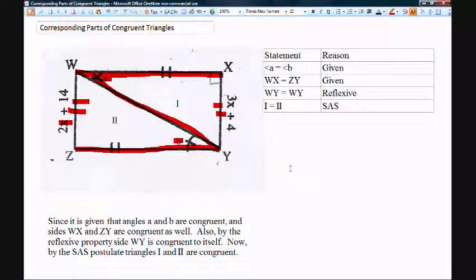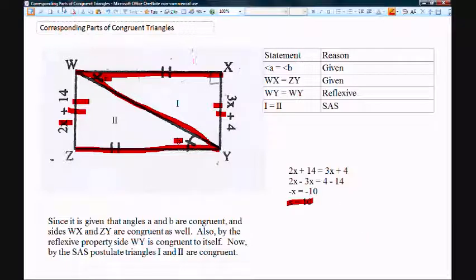So, in order to find out the value for x, all you have to do is set both equations equal to each other, and now all you have to do is solve for x. After solving for x, you should get that x is equal to 10.